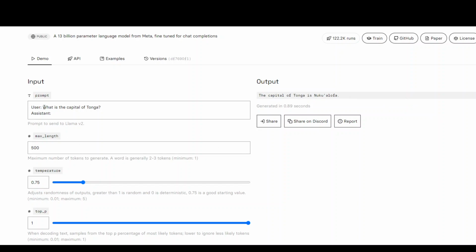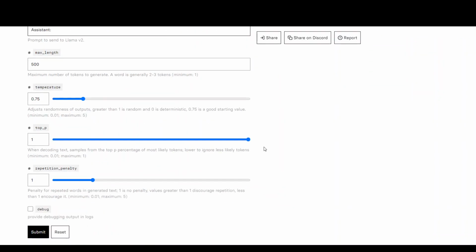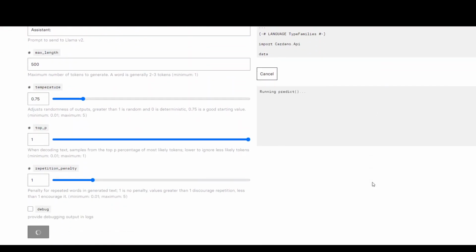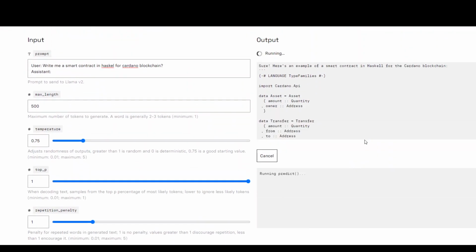Let me also ask it another question. Write me a smart contract in Haskell for Cardano blockchain. Let's see what it does now. Click on submit, and it has produced a perfectly fine smart contract.